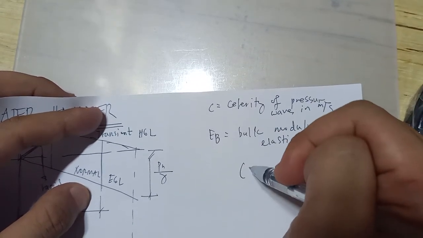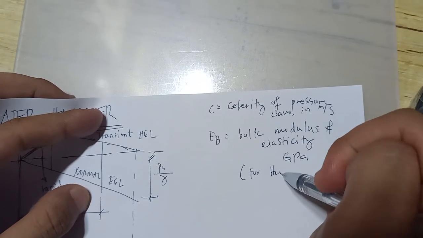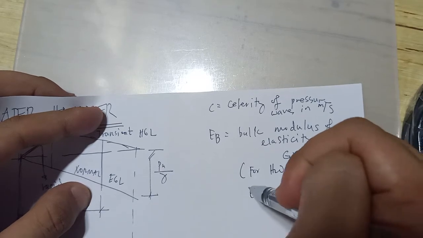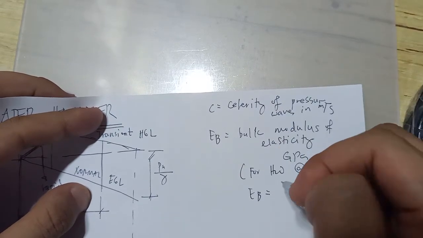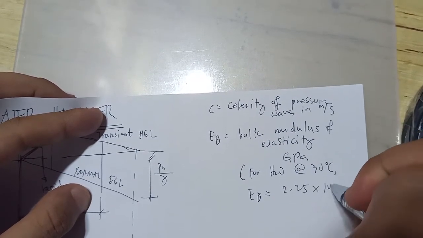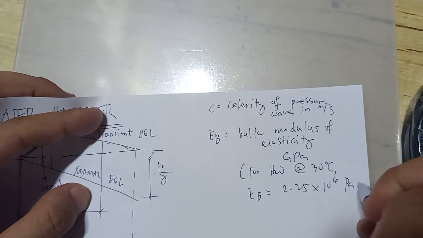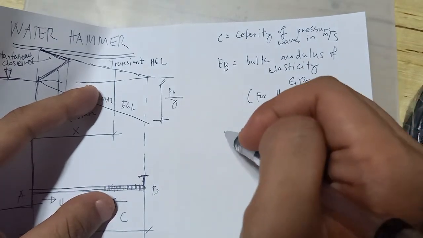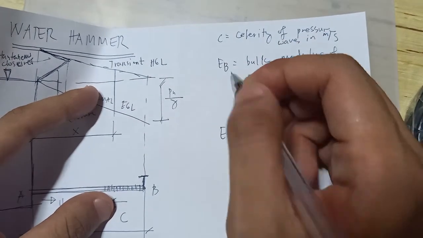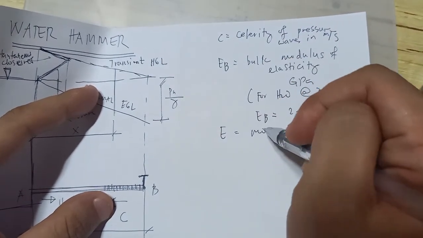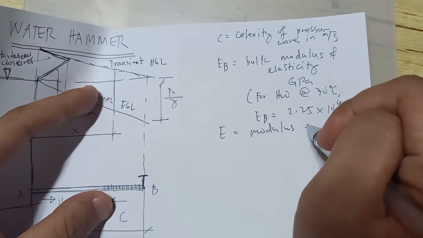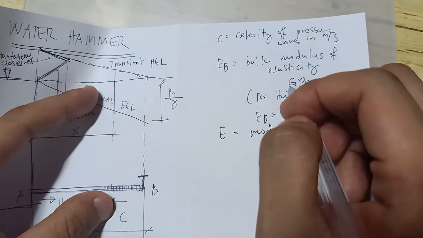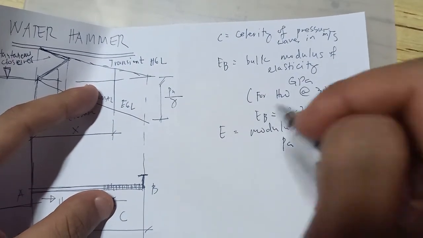For water at 30 degrees Celsius, the bulk modulus is 2.25 by 10 to the power of 9 Pascal. And there is a big difference between E sub B and E. E is the modulus of elasticity of the pipe wall in Pascal.